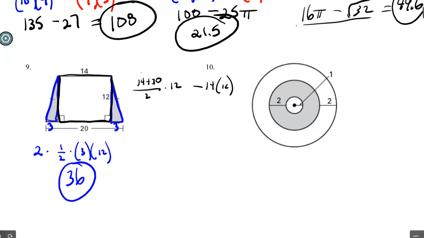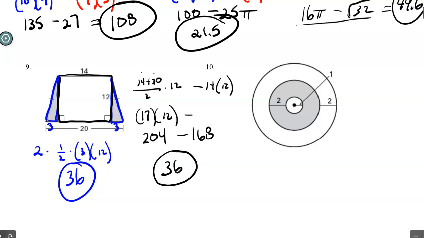Well, 14 plus 20 is 34, divided by 2 is 17. 17 times 12, that's 170 and 34, that's 204. Take away 14 times 12 is 140 and 28. What's that, 168? And subtract those two, we do get 36. So it worked either way, whether I did trapezoid minus rectangle, or whether I just did the two triangles separately.